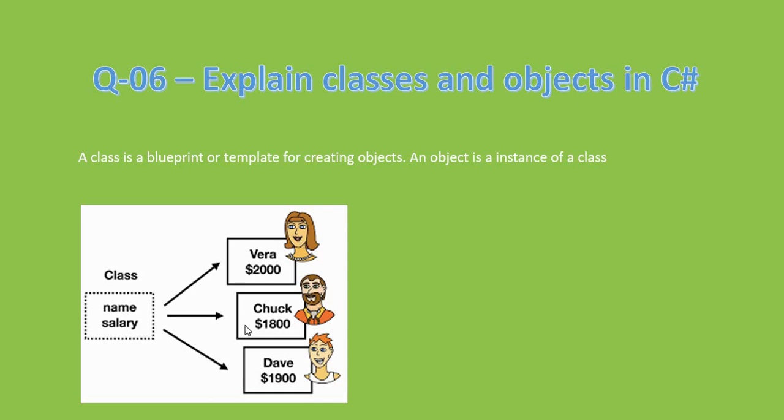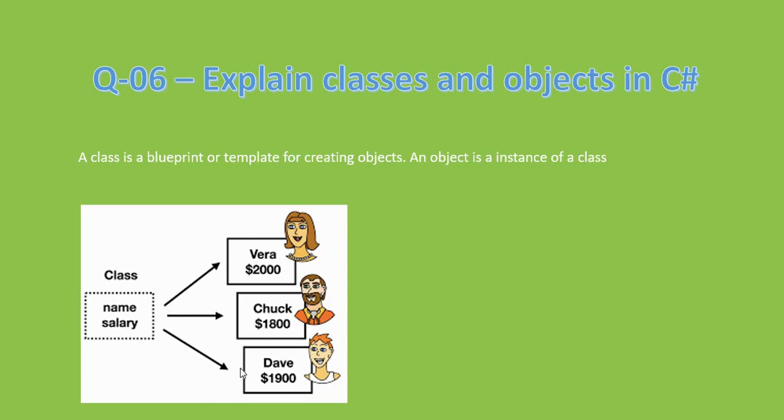But when you move into the object, it is an instance of a class, right? We create one object from this class as Vera, right? The name is Vera, his salary is $2,000. Another object is Chuck, and his salary is.